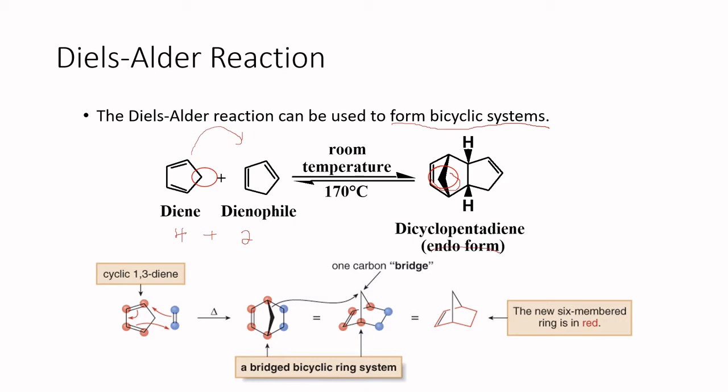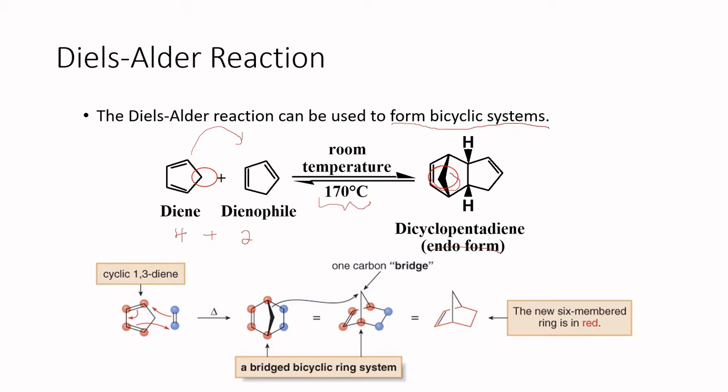Although this is a reversible reaction, in order to break the bond of the bicyclic system, we need a very high temperature to give the diene and dienophile again.